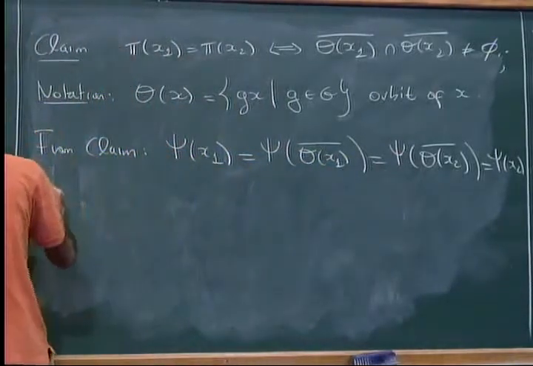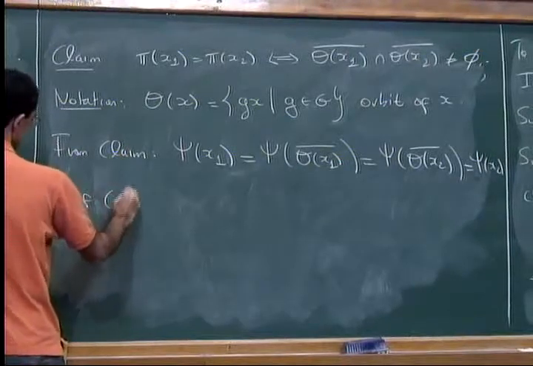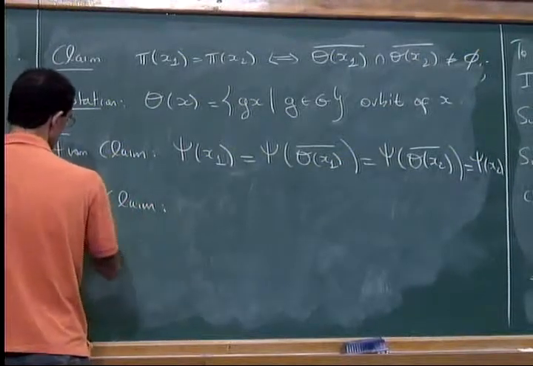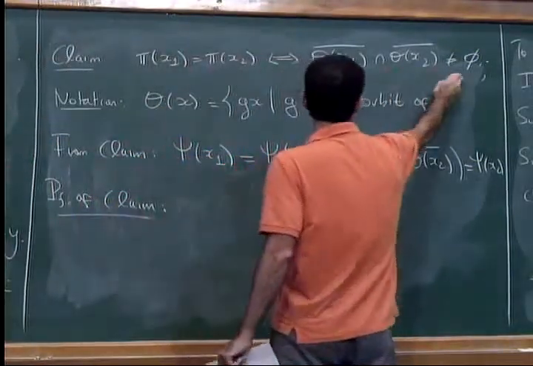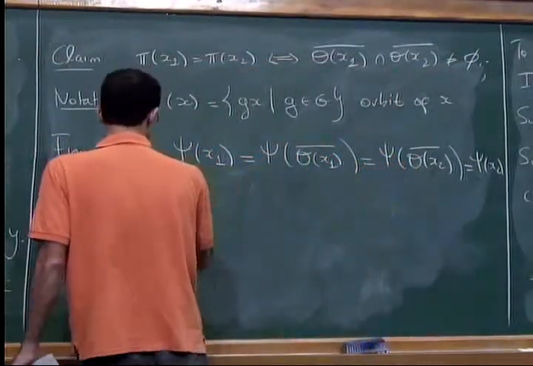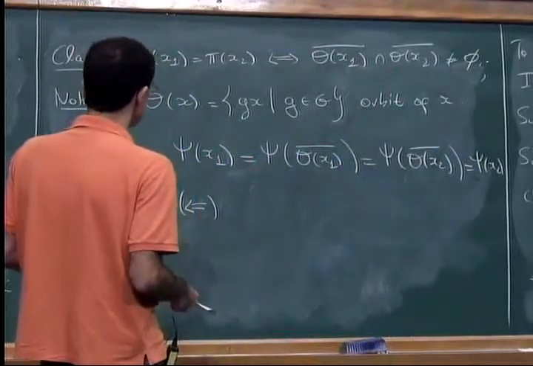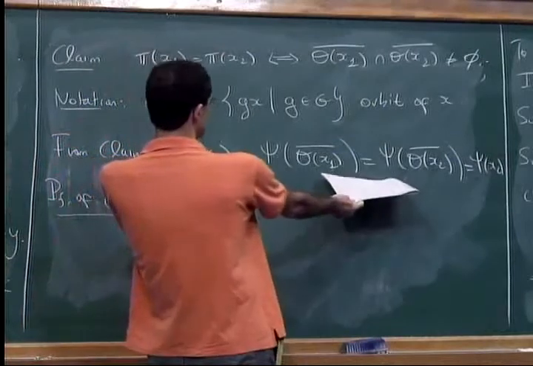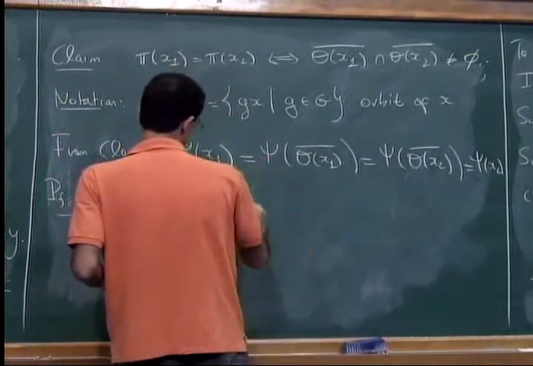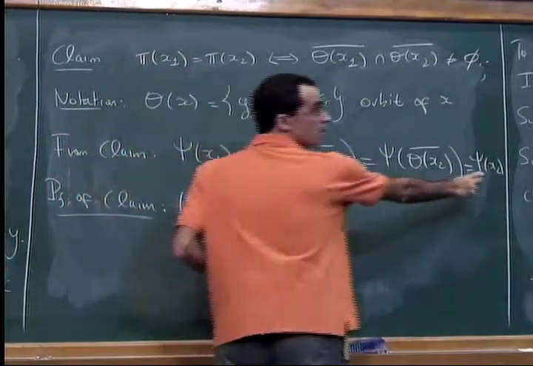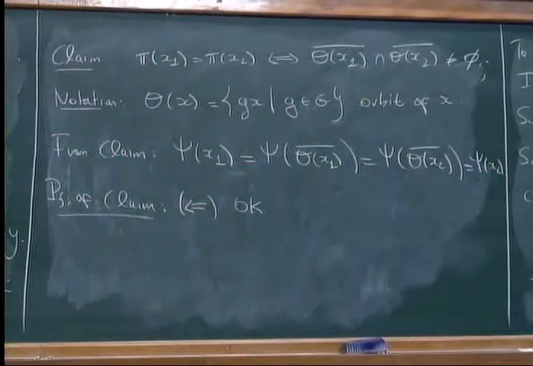And the claim is easy to see. Proof of claim. First of all, if their closures have a point in common, then I apply the same reasoning to pi here, and I have that pi of x1 is equal to pi of x2. Pi has the same property as psi.